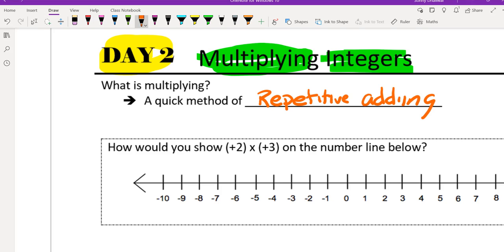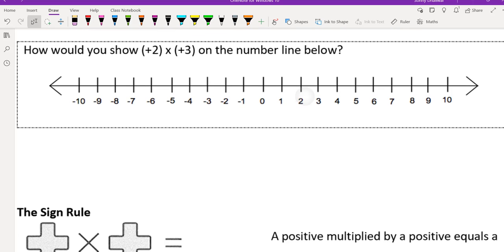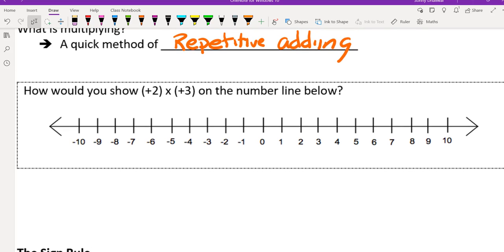All right? Now, some of the parts where students sometimes struggle is not actually doing the calculation, but with diagrams. How can you have a diagram to represent multiplying on a number line? So if we want to show the multiplication of 2 times 3 on a number line, this is how it's going to look.